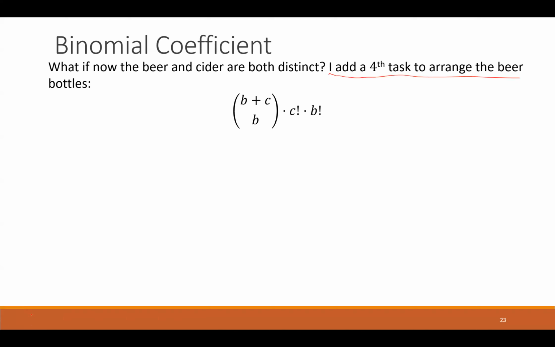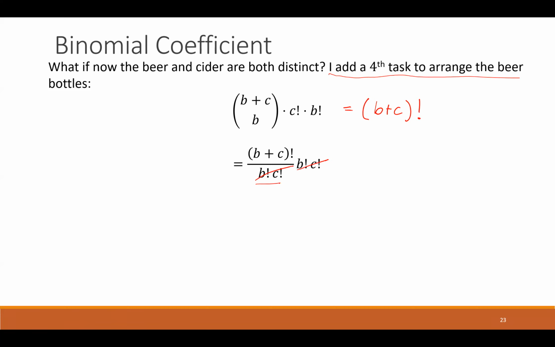However, since every single bottle is distinct and I have B plus C of them, I'm just counting the permutations of a set of size B plus C, which means this should be equal to B plus C factorial. And if we actually expand the binomial coefficient, we get B plus C factorial over B factorial C factorial.